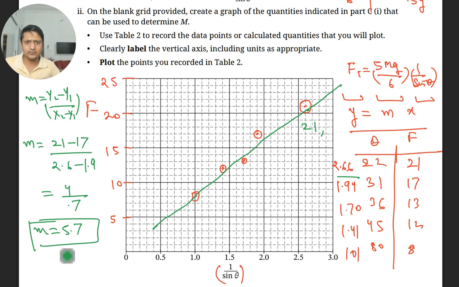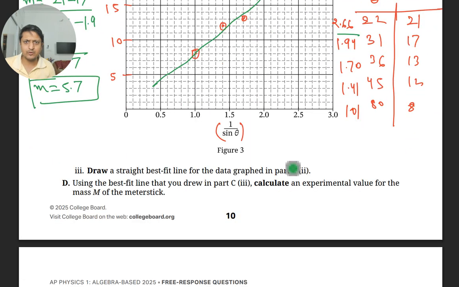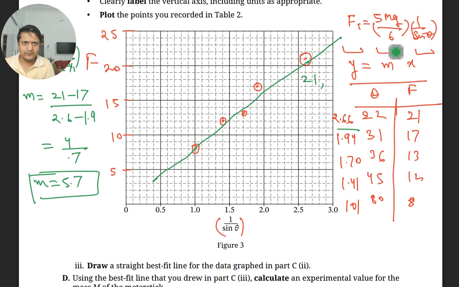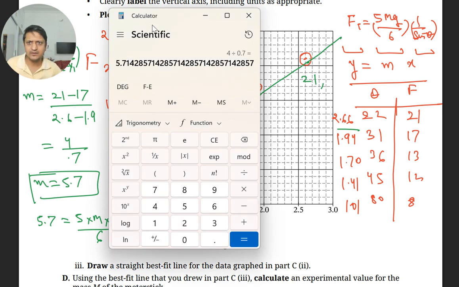So we will do more maths. If the slope is 5.7, that equals 5 into m into 10 upon 6. So now we will do the maths again.